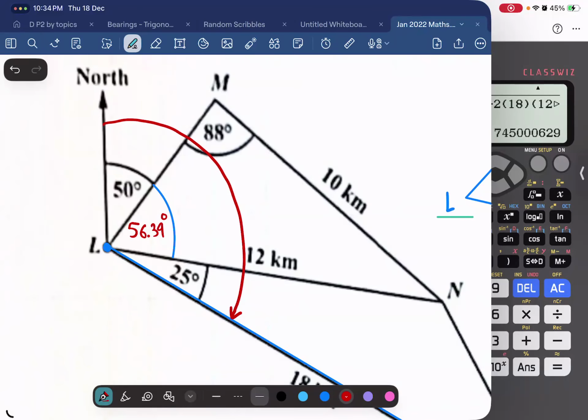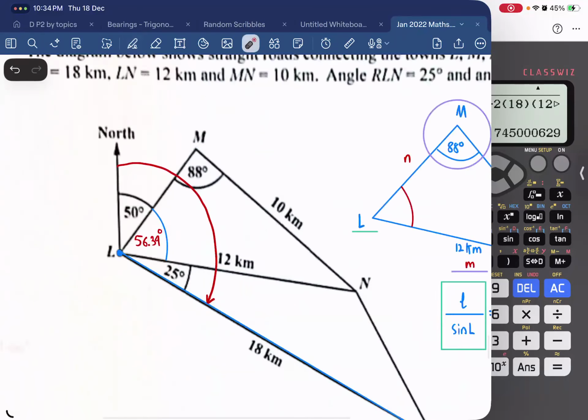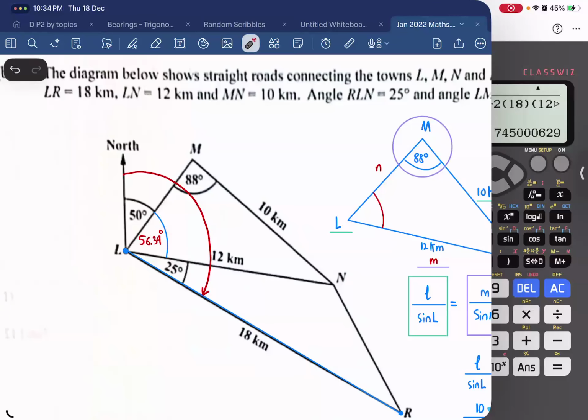Yes, I understand. So guys, just to reiterate, anytime you're doing bearings, when you see the word from, that's where you put your pencil. That's where you're starting from. At that point, you draw a north line. In this question, they wanted us to go from L to R, so I start from the north line and go in a clockwise direction until I touch the line connecting L to R. And that's it.